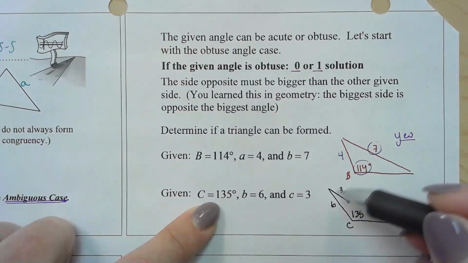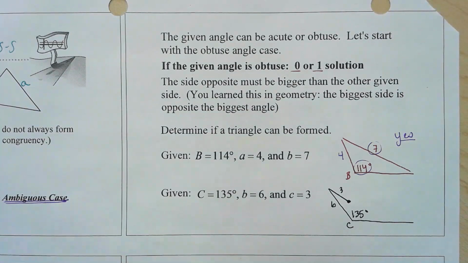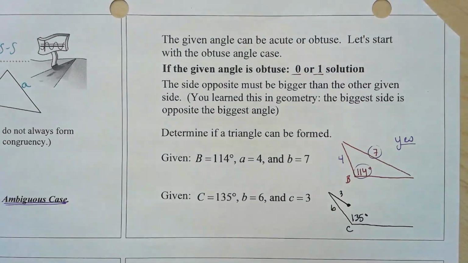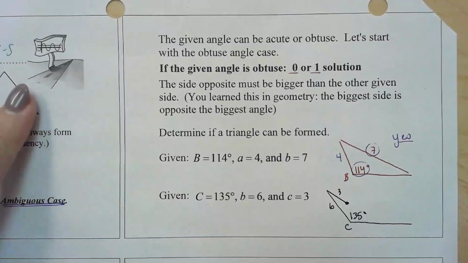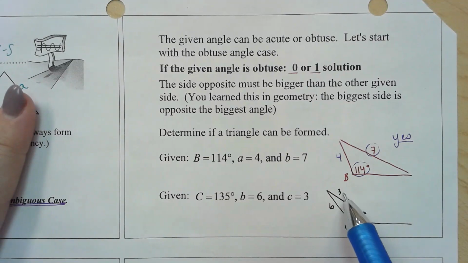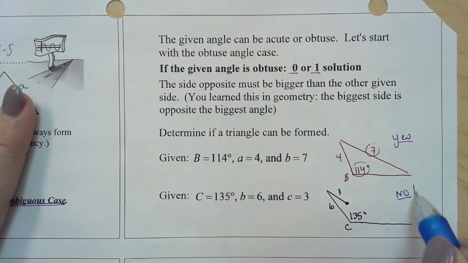So it's too short. The good news is, whether you have a picture or not, mathematically you're just going to look at it and ask, is the bigger side across from the bigger angle? And the answer here is no.